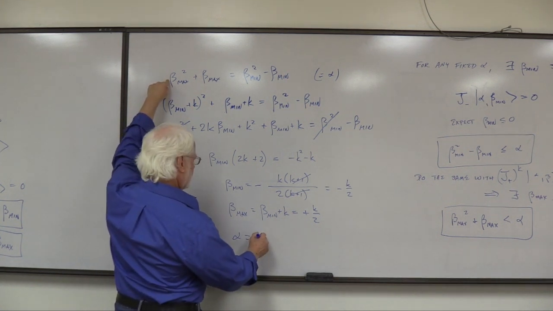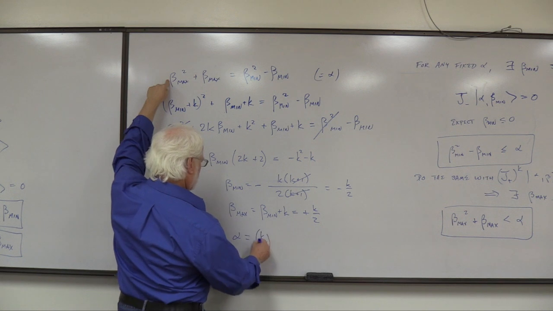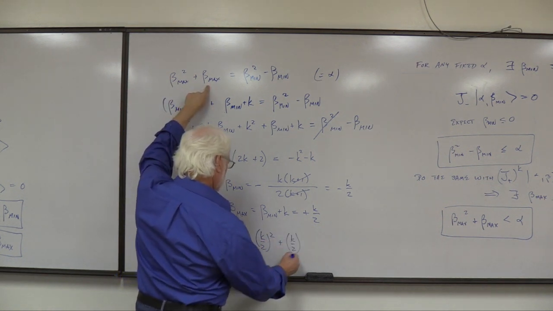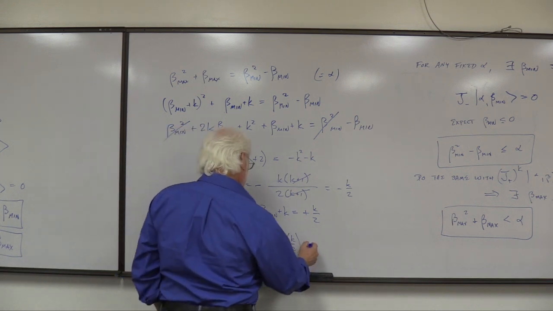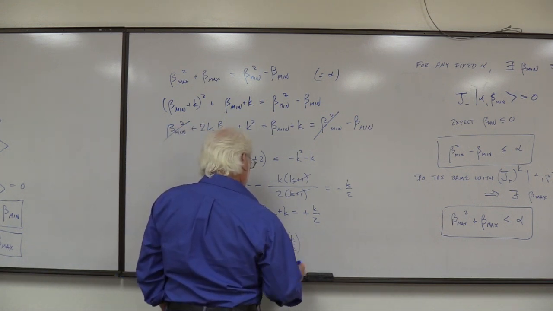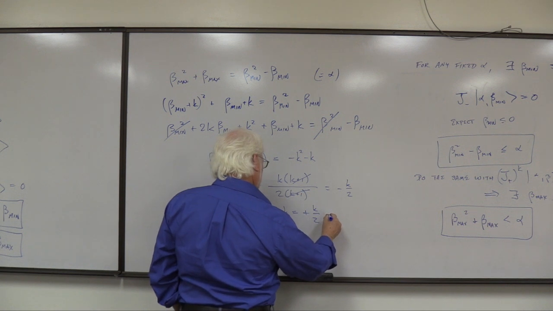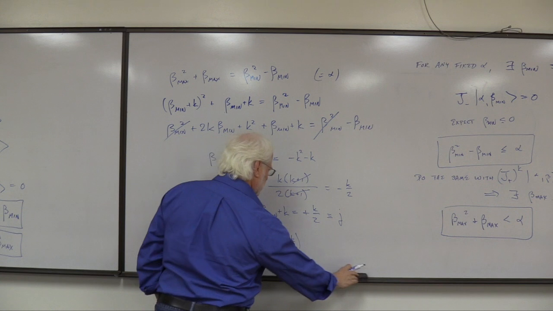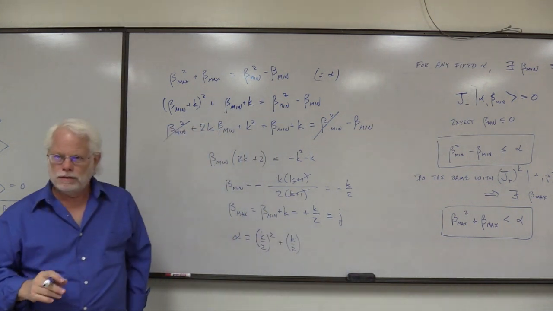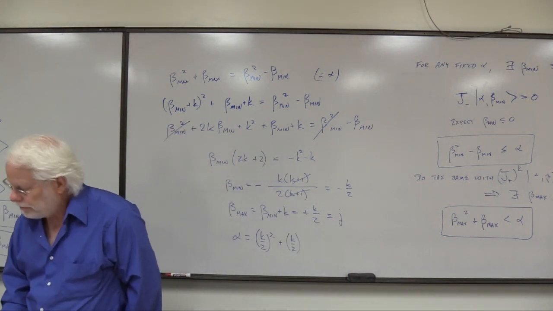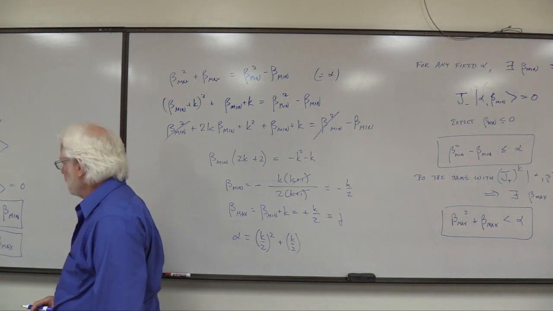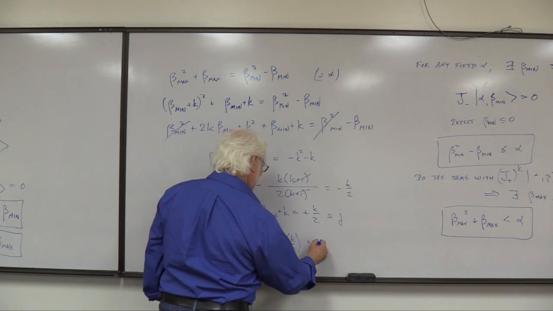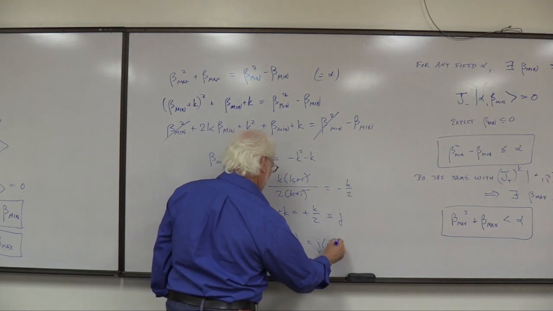Let's say k over 2 squared plus k over 2. Let's define this to be a number j. Then alpha is j squared plus j.